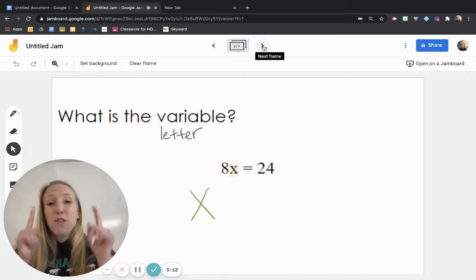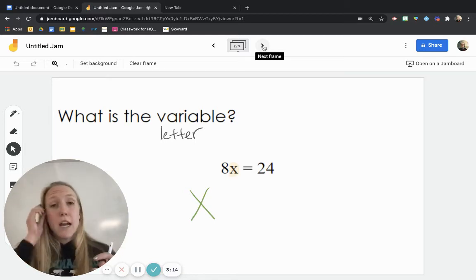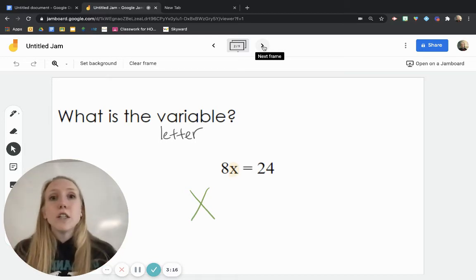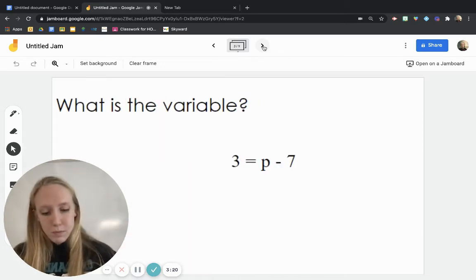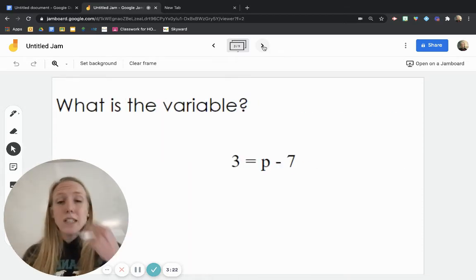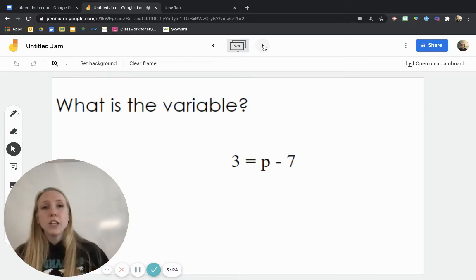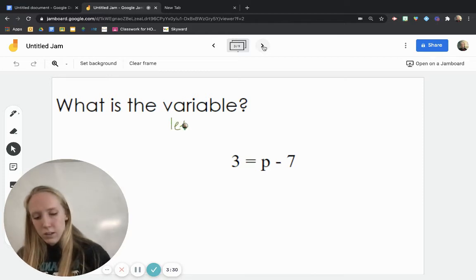Okay? That's the first step to being able to solve an equation, is to be able to tell me, or tell yourself, or know in your brain what the variable is. So take a look at this. What is the variable in here? Think to yourself, what is the variable? Look for the letter. Where is that letter?